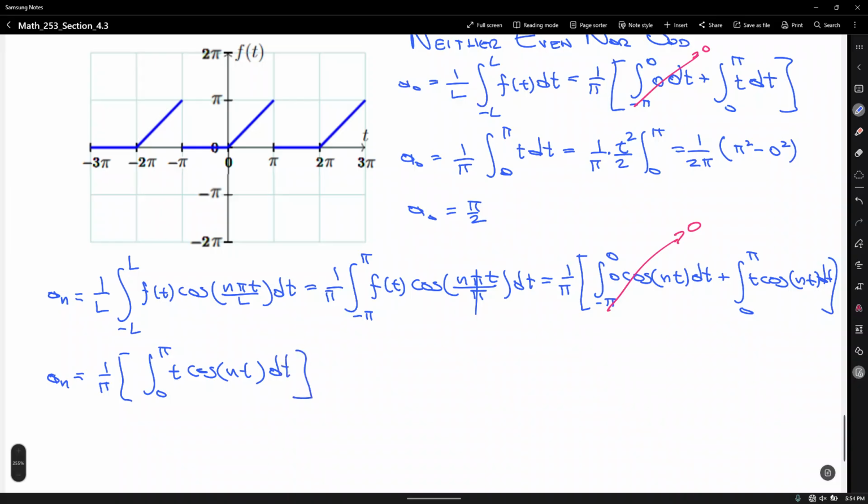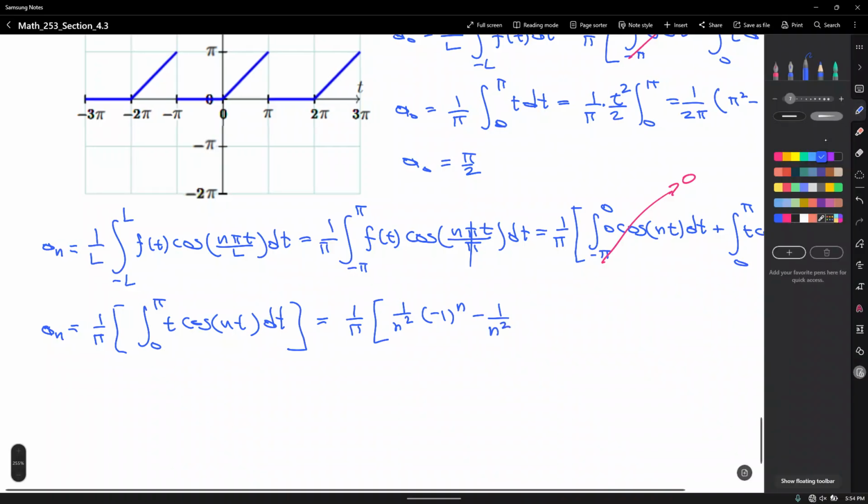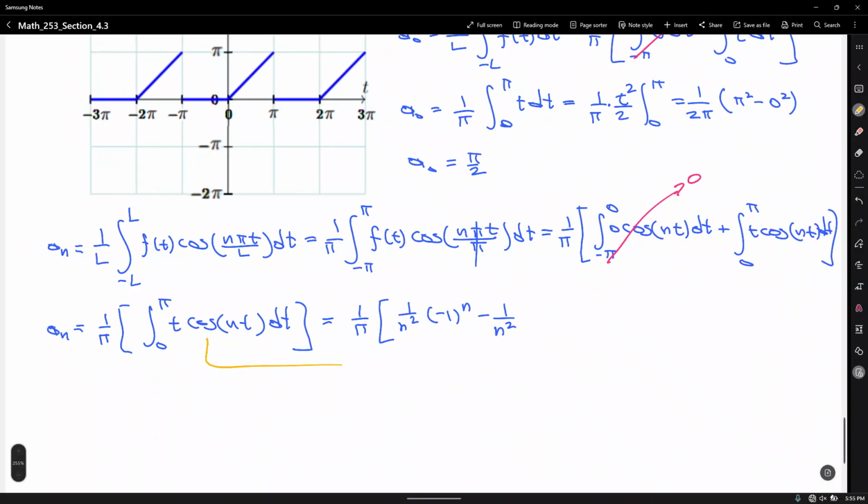But guys, didn't we already evaluate the same integral in the previous exercise? So I'm just going to copy the result from the previous exercise. That is 1 over pi times, what did we get for the integral right here? We got 1 over n squared times negative 1 to the n minus 1 over n squared. And let me note that we got this from example number 2.